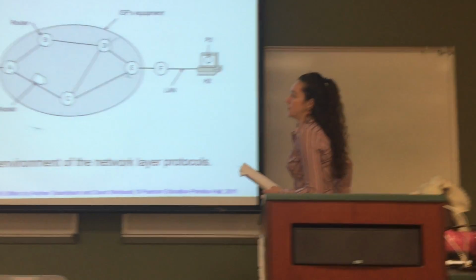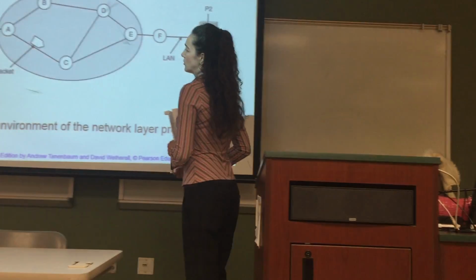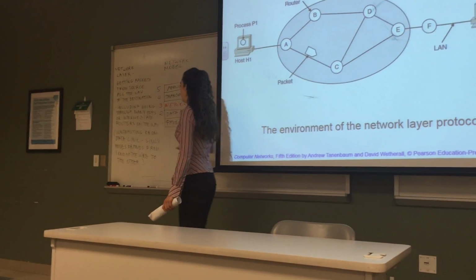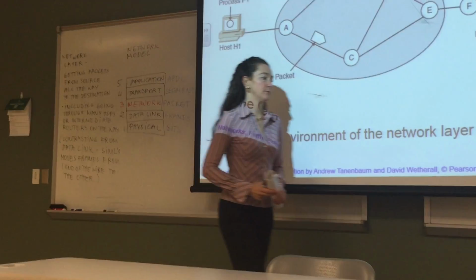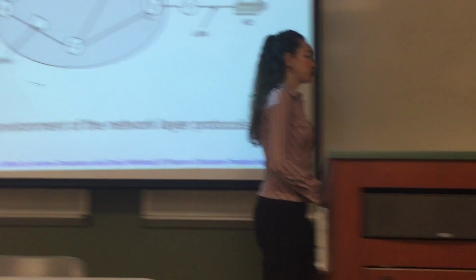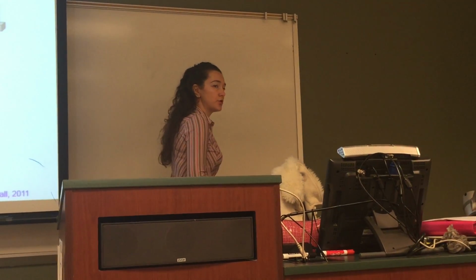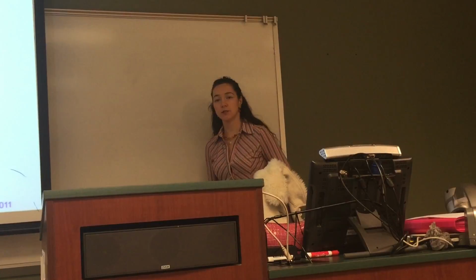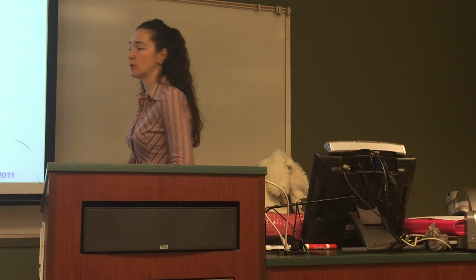To accomplish these goals, so in order to be able to connect machines from anywhere and with many routers in between, the network layer needs to know about the network topology, which means the geographical or physical location of all the machines that are part of the network and all the links that connect them.